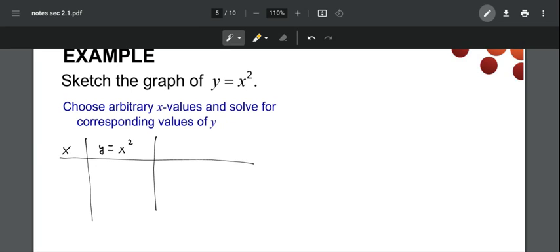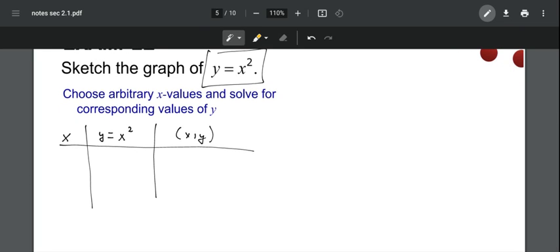And the last column of the table is going to be our ordered pairs (x, y), which belong to the equation y = x². Okay. So the first value which I'm going to select for x will be -2. So when x is equal to -2, y is equal to (-2) to the second power. I substitute x with -2.